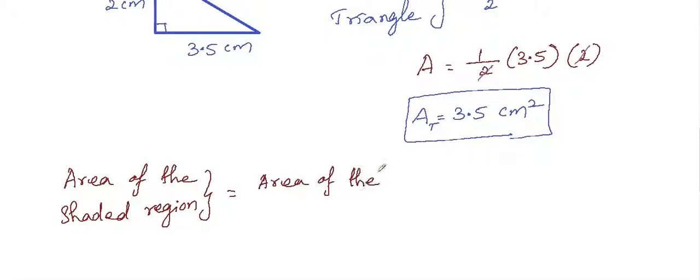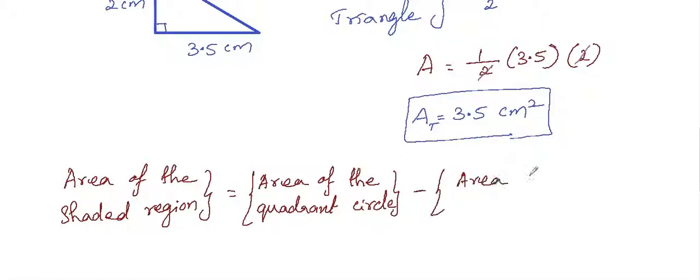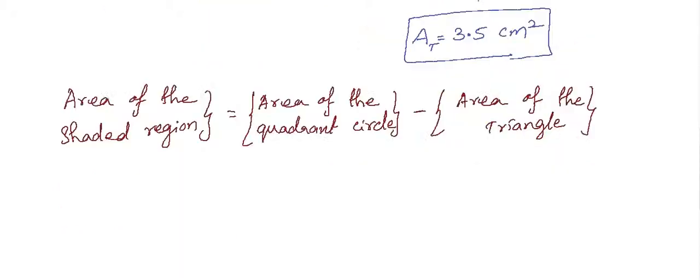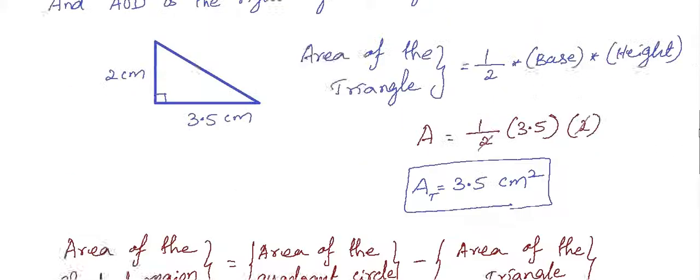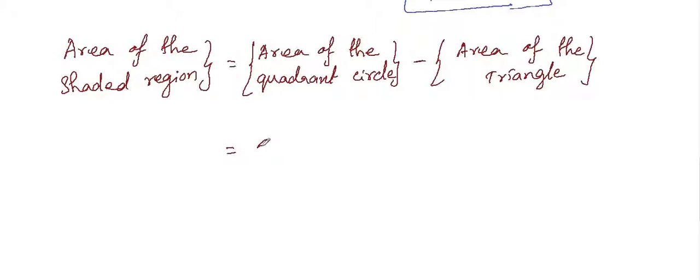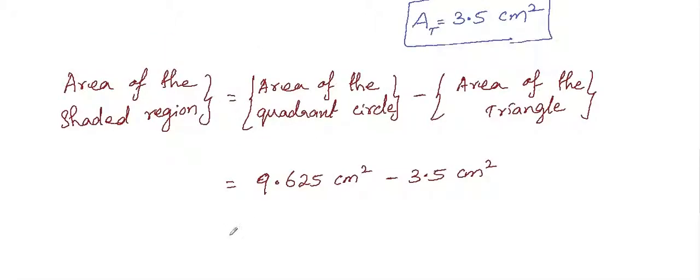The area of the quadrant is 9.625 centimeter square, minus the area of the triangle, 3.5 centimeter square.